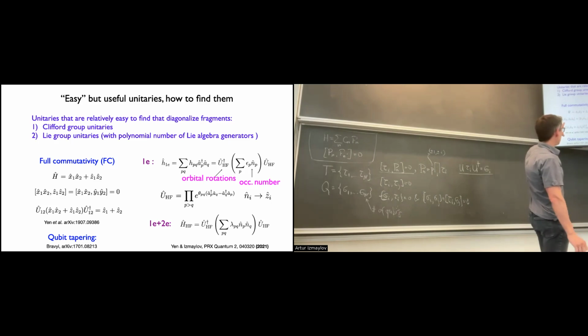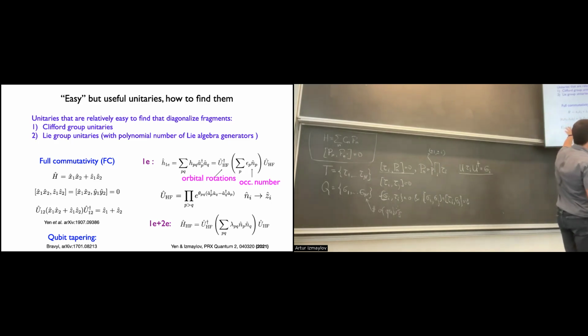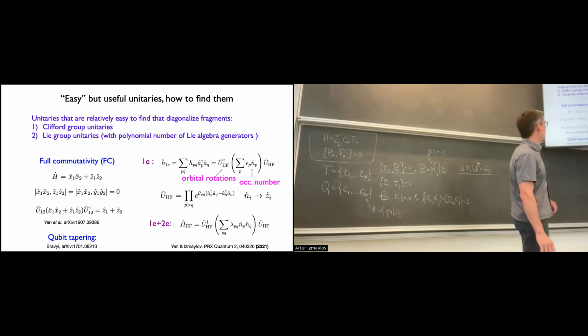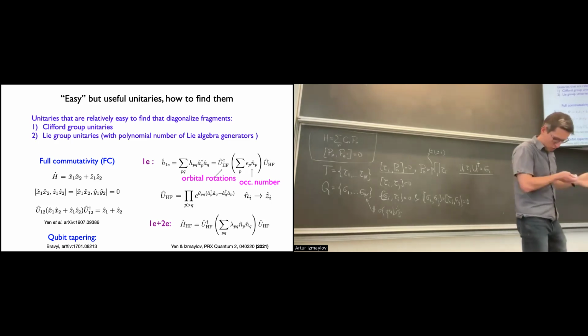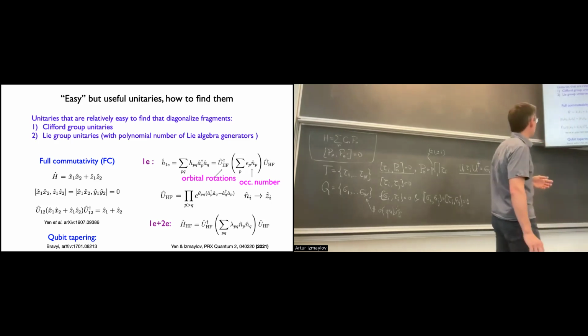And the 2 big types of fragments are the fully commuting and the fermionic fragments that we talked about, but I didn't go into the construction of the unitary, just assured you that unitaries could be constructed. And it turns out that, first of all, for the fully commuting case, it's a non-trivial situation, and it has a very nice geometrical construction in it.